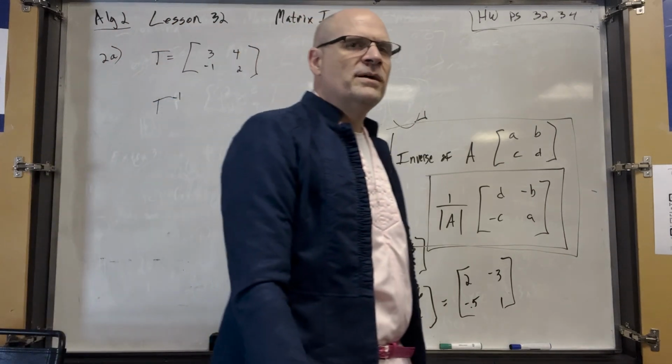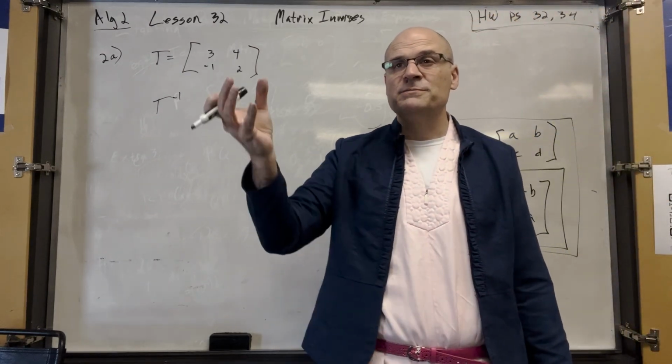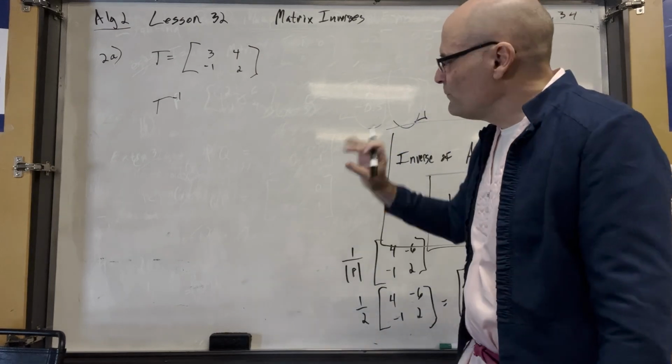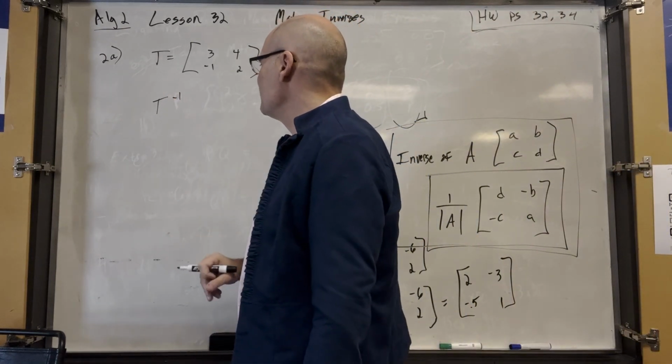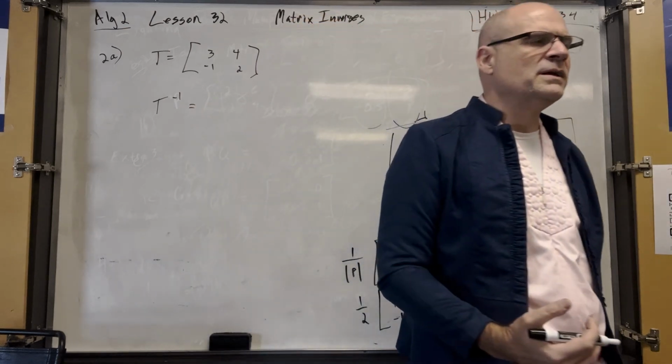So that -1 means basically a multiplicative inverse, because what happens when you have a negative exponent? You flip it, right? That's what negative exponents do. So this is the symbol for the inverse matrix of t. Okay? First of all, what's your first step? What are you going to do?